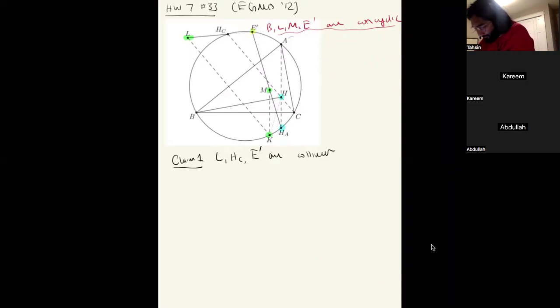Okay, so any ideas how we can prove this? Somehow we basically have to reduce this to some kind of angle equality.